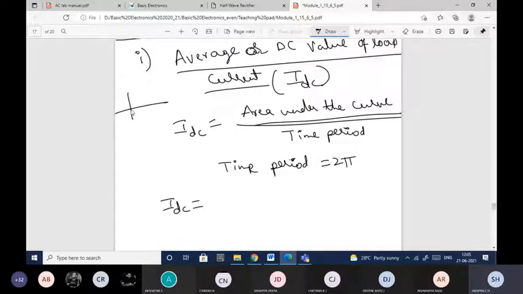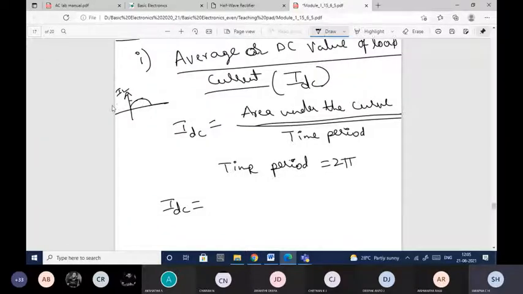I have got one complete cycle in this way. This is my IL output, and the maximum value is Im. Im sin omega t is the waveform representing this from 0 to pi, and from pi to 2 pi it is 0. Im is the maximum value of this load current.